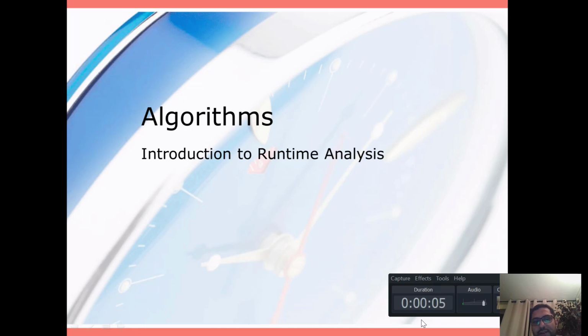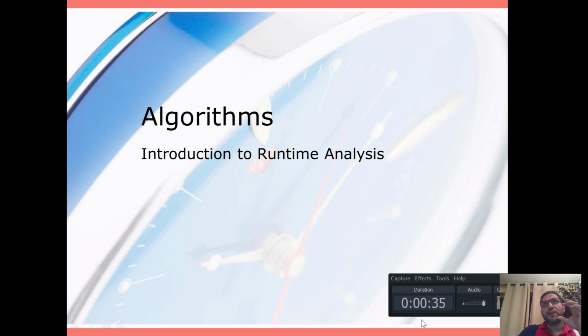Today we are going to discuss an introduction to running time analysis. Earlier we were talking about the Big O notation and how to find the complexity of an algorithm. But today we are going to learn how to assess the amount of time that this software needs to be executed.